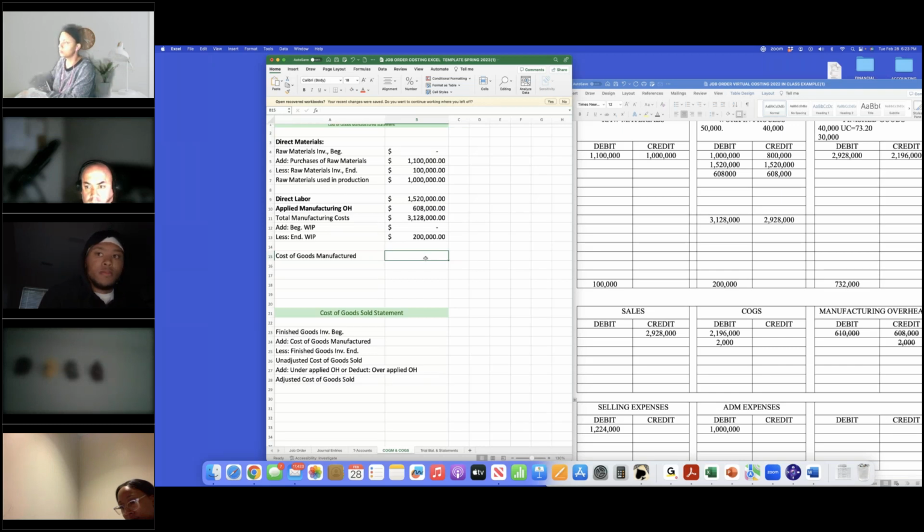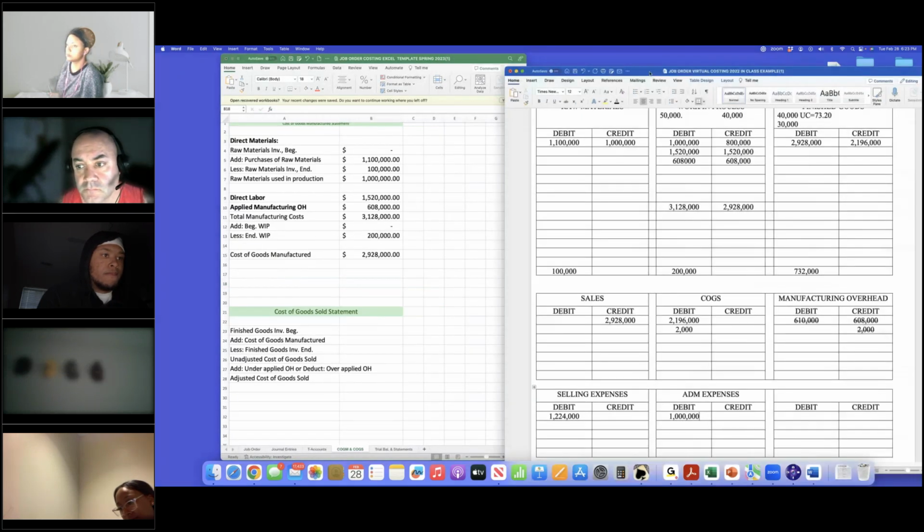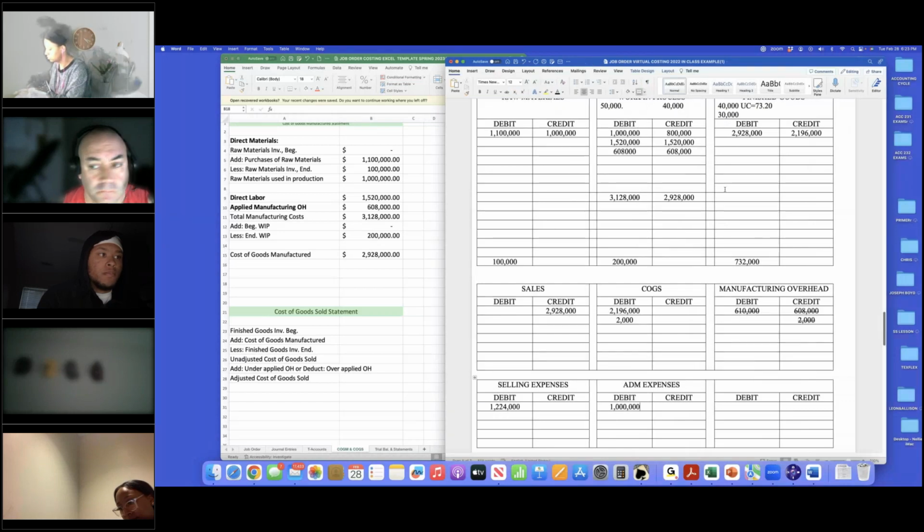What is our cost of goods manufactured? How much did it cost to make these goods? Don't all speak at once. $2,928,000. I noticed, do you see that number anywhere else?